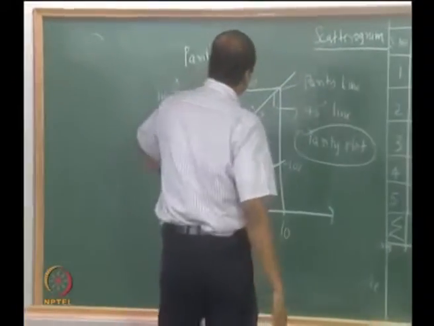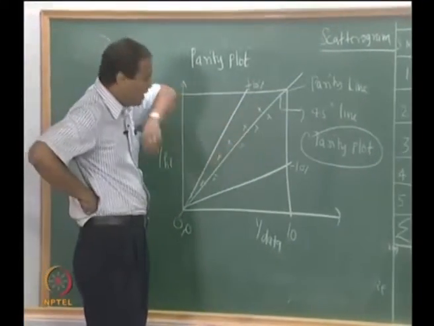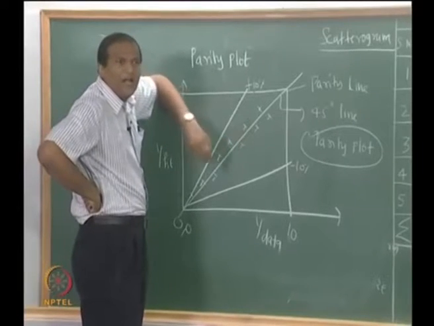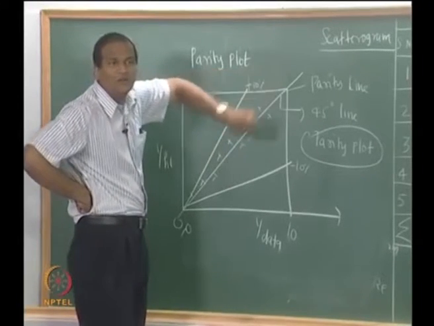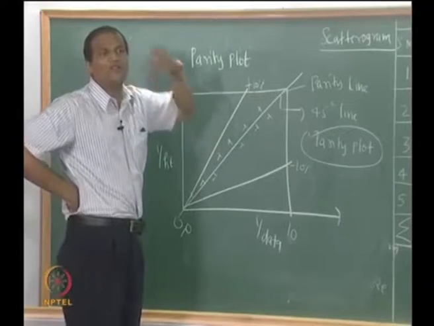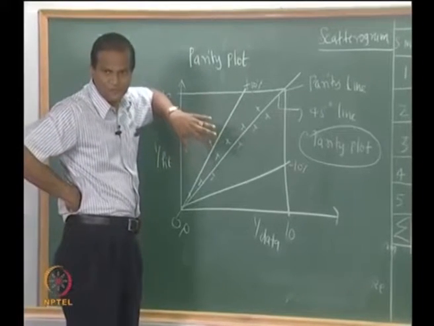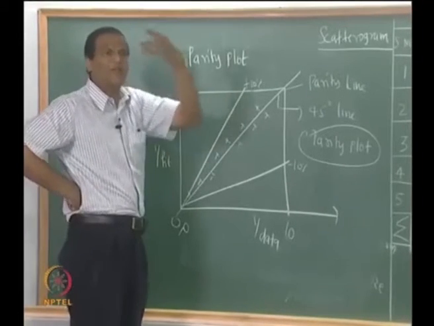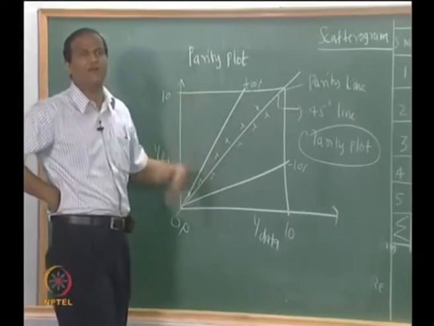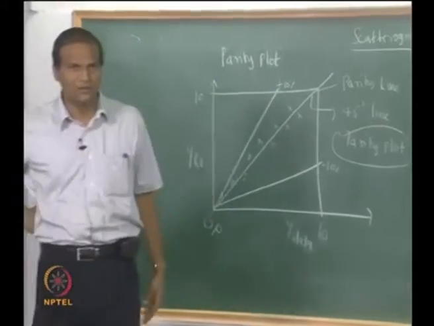I can do additional things. On the same parity plot, I can have red color, green color, blue color to denote fluids of different Prandtl numbers. Beyond a certain point, it is just creativity, how you present the results, how you plot and so on.